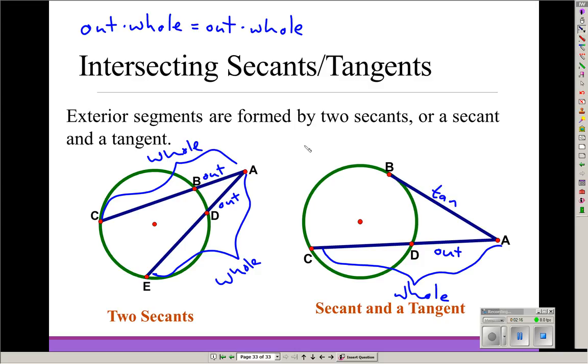So for this one, outside times the whole thing for the secant equals the tangent squared. So depending on the types of segments you have, use the formula that matches it.